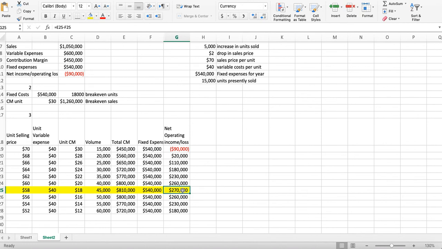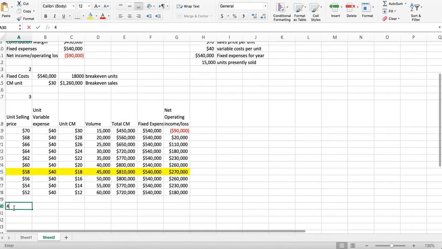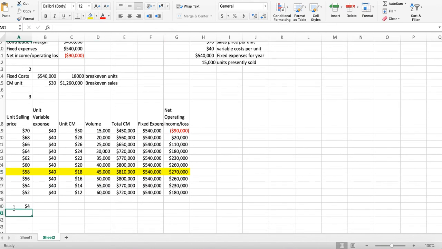Finally, in number 4, it said, what would the break-even point in unit sales and in dollars be using the selling price you determined in requirement 3 above? If we do make that decision to go with the $58 per unit, at what point would we break even? And again, these are all terminology and formulas that we would use internally in analyzing what's going on with our company.